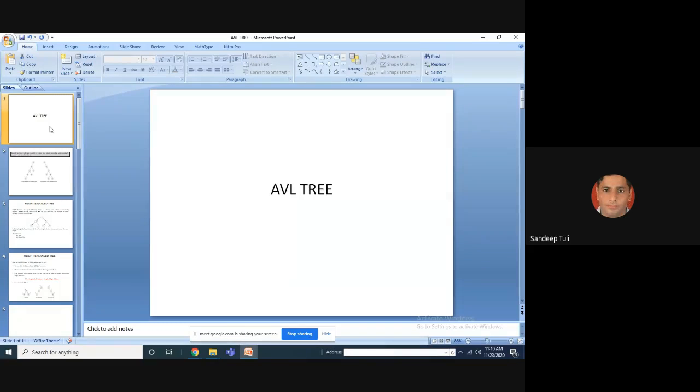We saw in-order traversal of the binary tree and how threading can be done. We also saw the benefits and drawbacks of threading. Do you have any doubt in that?